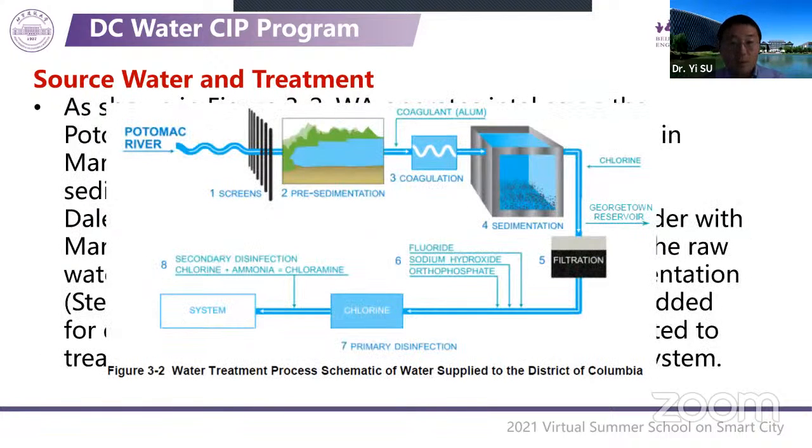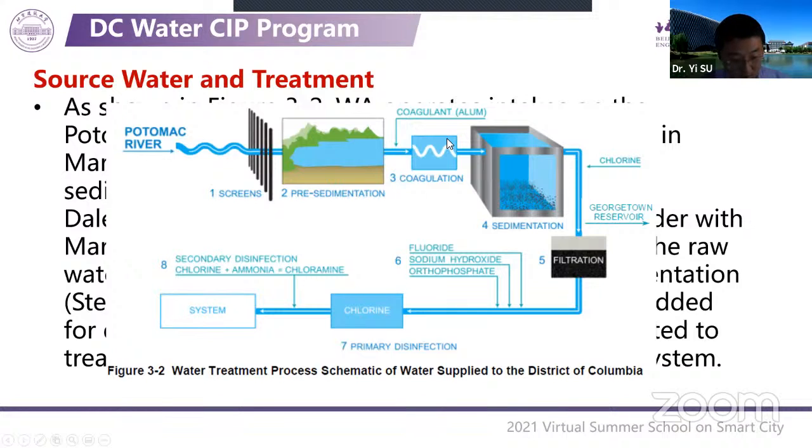So this figure shows the general process of water treatment. There are intakes on the Potomac River with screens, at 2 locations in Maryland. And prior to pre-sedimentation, raw water is delivered to the Dalecarlia Reservoir, which straddles DC and Maryland.